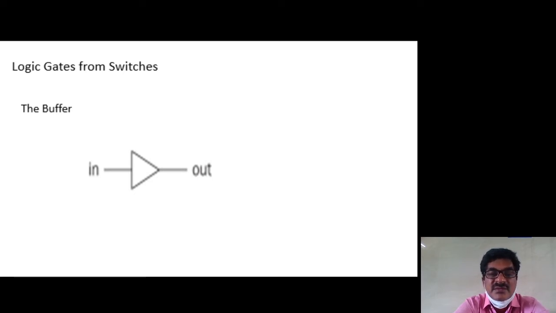From previous knowledge, in a buffer the output is always equal to the input. But why do we use this additional circuit without any change at the output? The buffer's purpose is maintaining proper matching, generally called impedance matching.